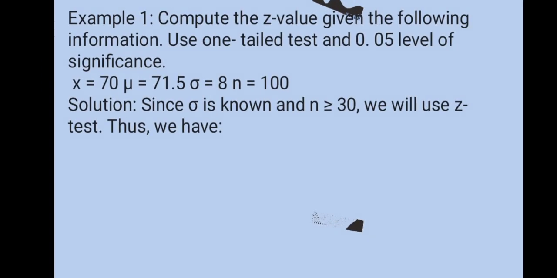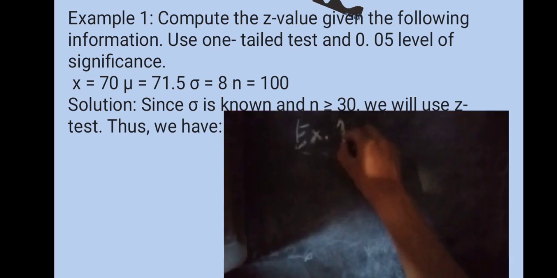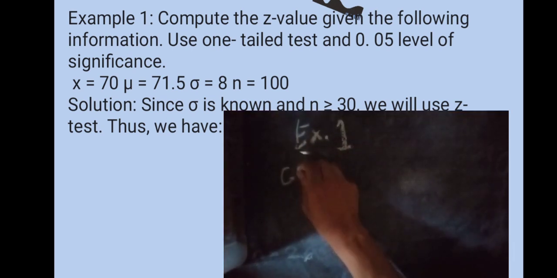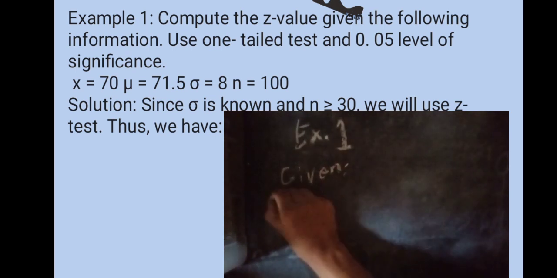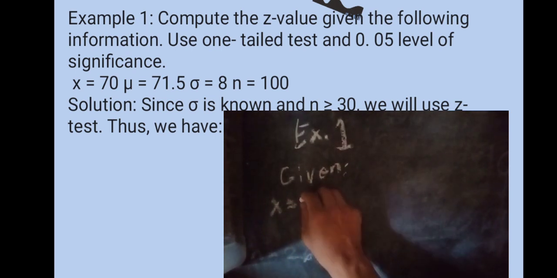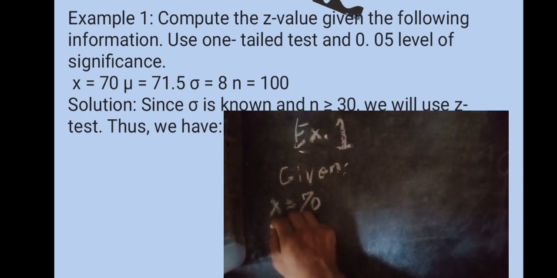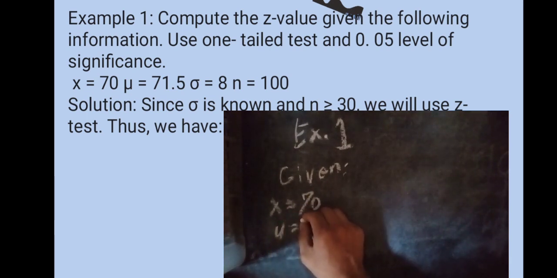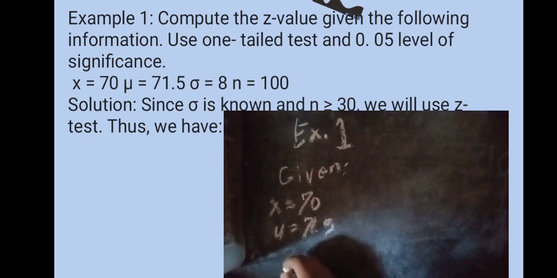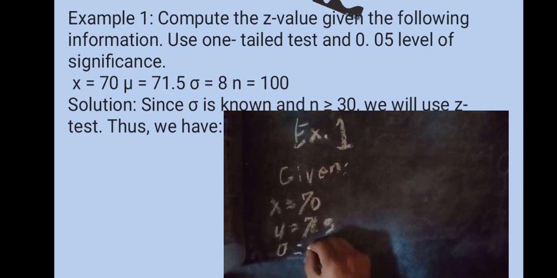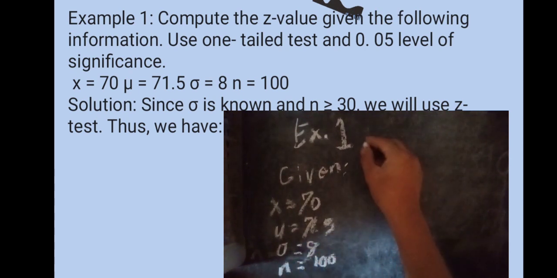Example number 1. Compute the z-value given the following information, use one-tailed test and 0.05 level of significance. Given: x bar is equal to 70, the population mean is equal to 71.5, the population standard deviation is equal to 8, and n is equal to 100.